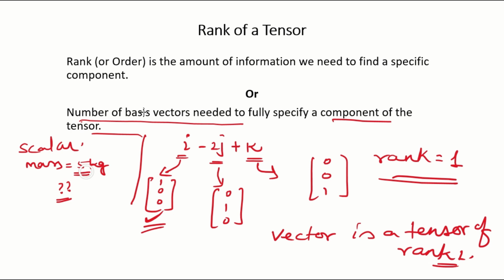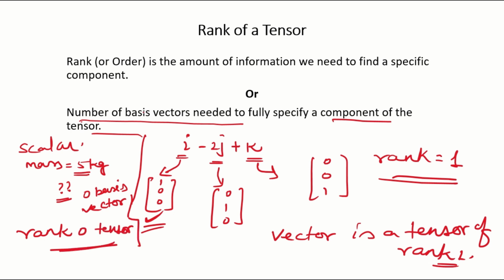We don't need any basis vector, because only a value is associated, there is no direction, no plane of action, so we need no basis vector. How many basis vectors do you need? We need 0 basis vectors to represent a scalar. So scalar is a rank 0 tensor.